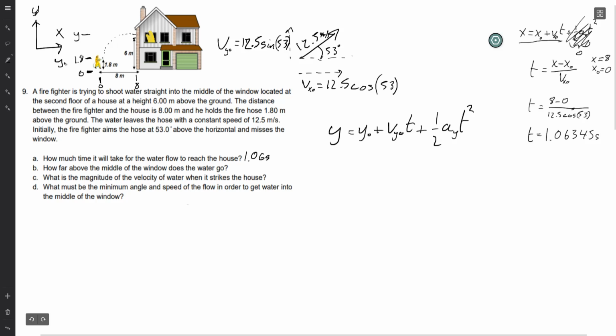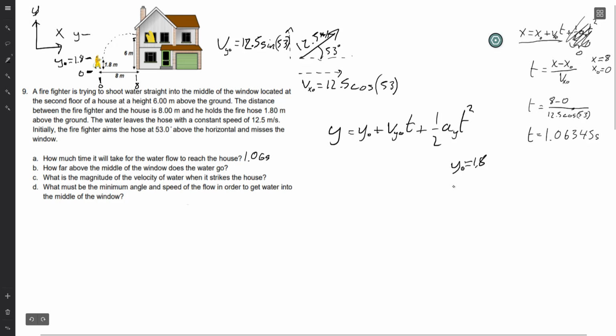So y0 equals 1.8. So now that we know a few things, we'll write it down over here: y0 equals 1.8. Our velocity in the y direction we've got from up here. Our time we've got from over here.